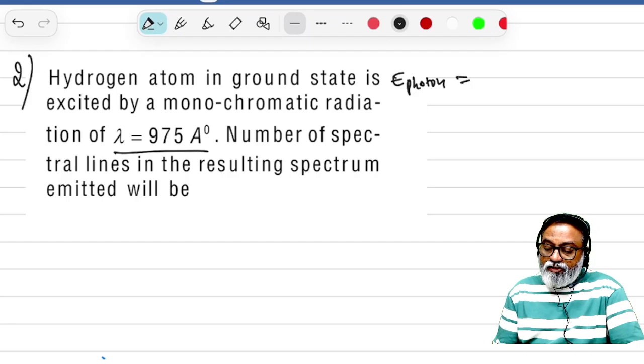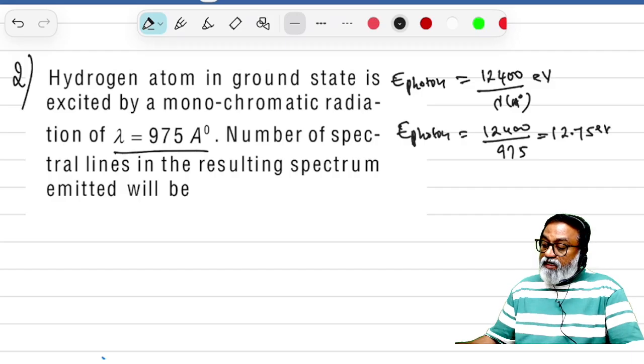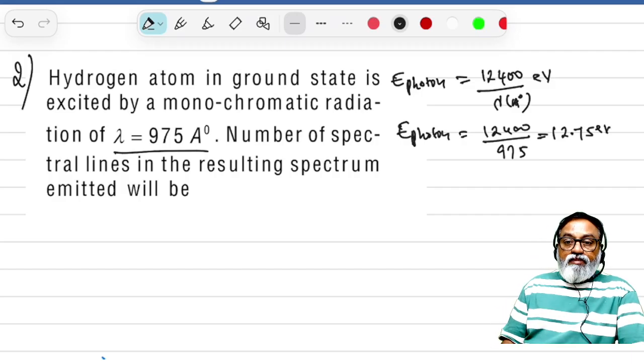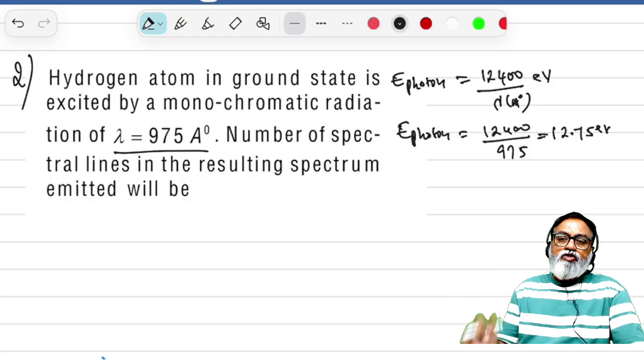Energy of photon, when wavelength is given in angstroms, is 12,400 by lambda in angstrom, this becomes electron volts. Therefore, energy of photon is equal to 12,400 by 975. This becomes 12.75 electron volts.